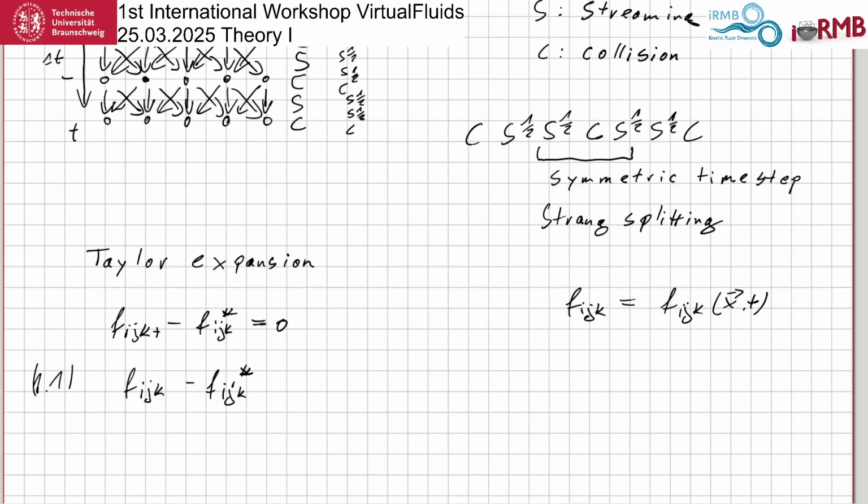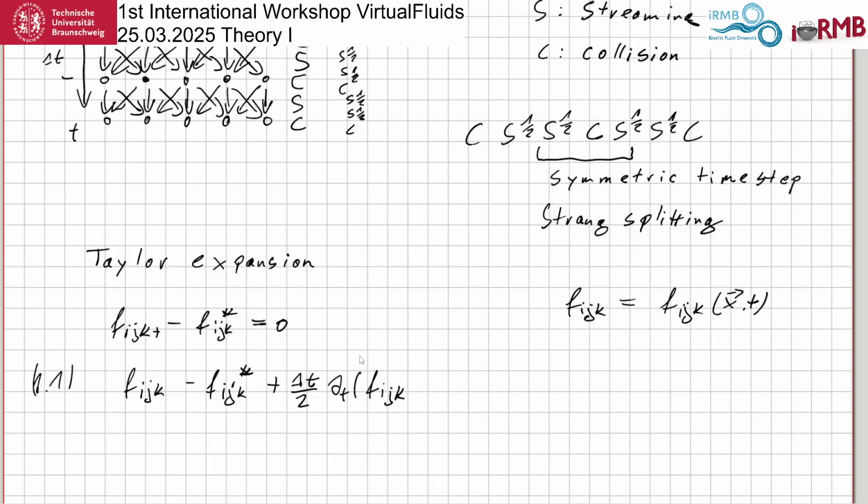And then comes the Taylor expansion in time. So we'll have a time derivative that I write like this, and I have F_ijk.